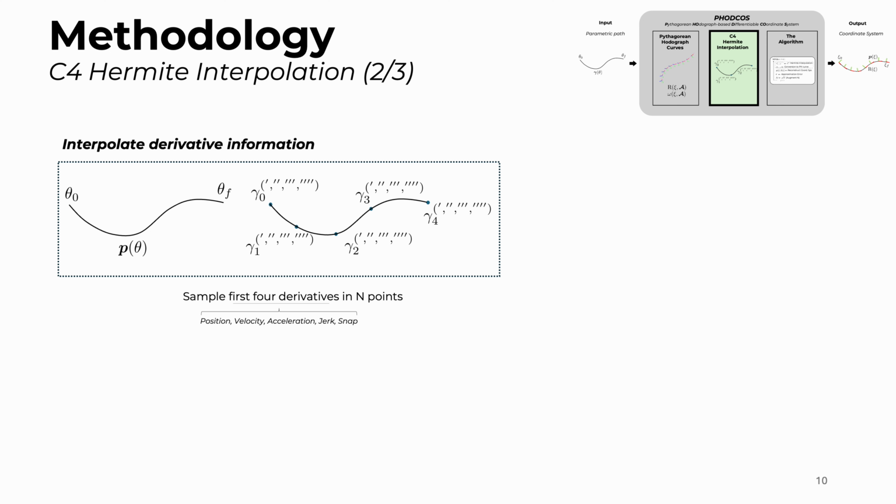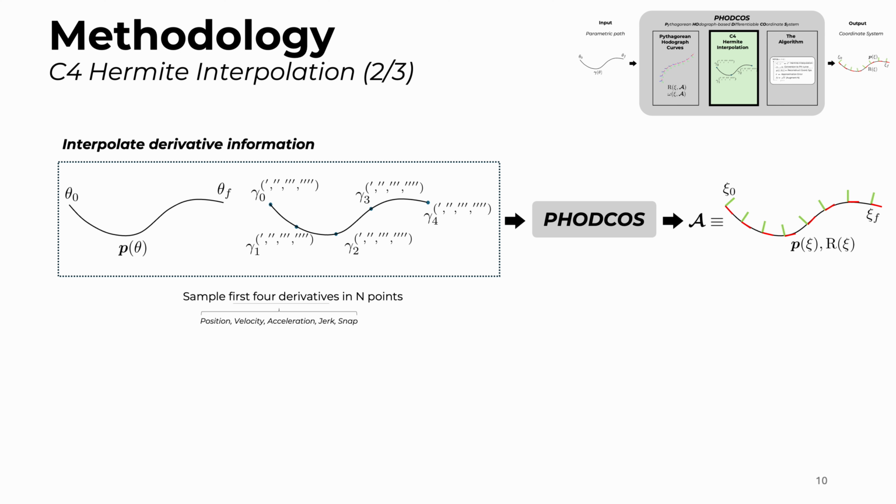Once we've got the n segments, we take the first 4 derivatives at the beginning and the end of each of the segments. This derivative data is fed into the algorithm, which I will present in the third ingredient, and out of the algorithm we will obtain the PH coefficients.